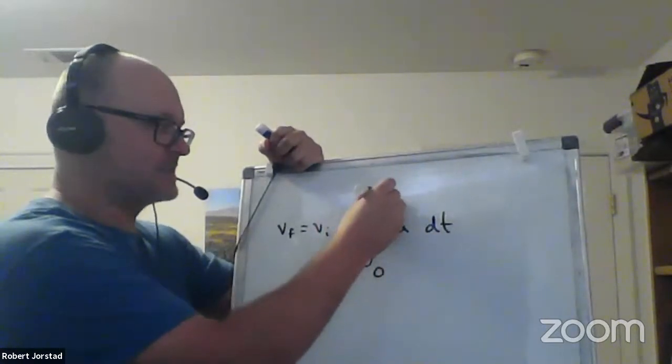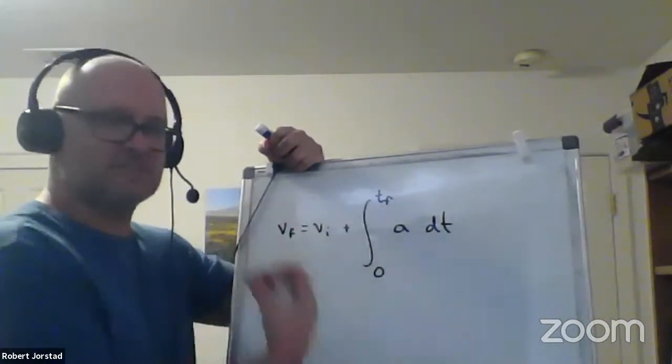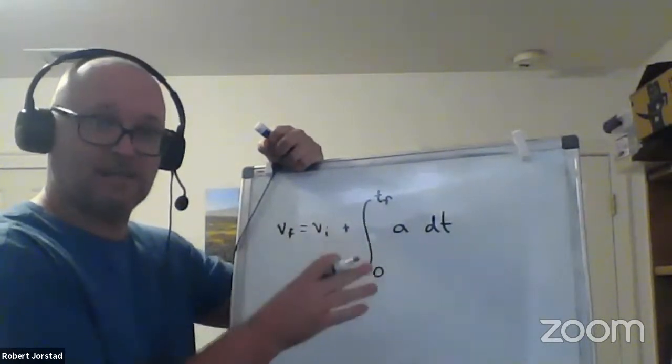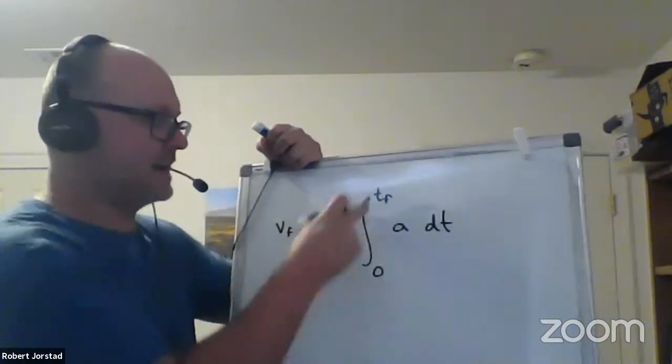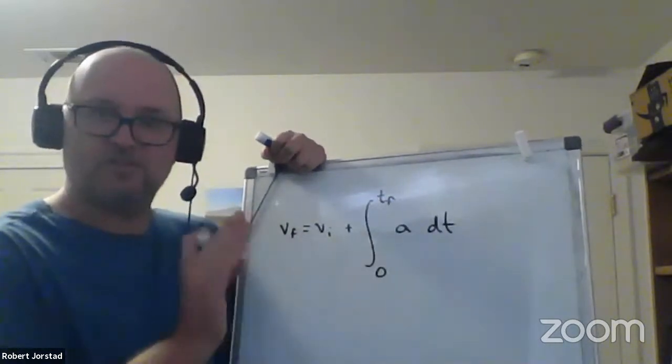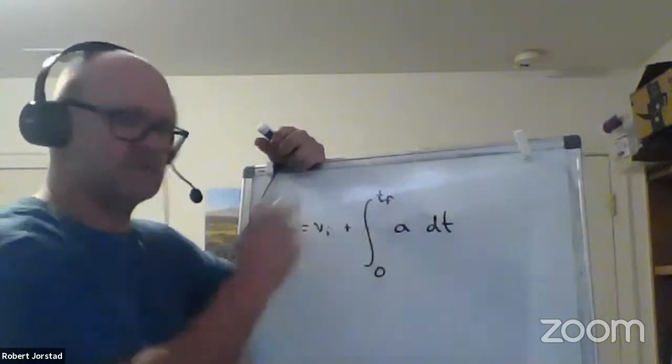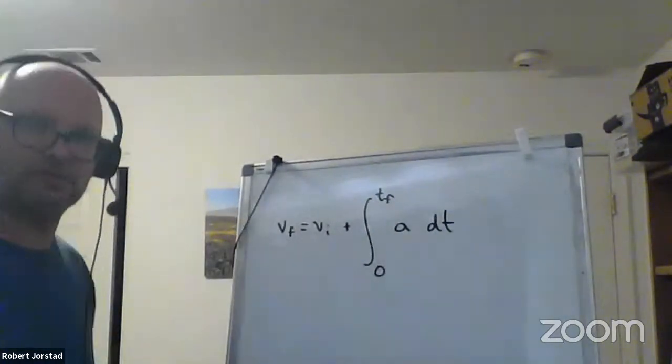So I say t final, and then as soon as I do the integral and plug in the limits, I change t final to the letter t. That way it's not confusing to a strict mathematical definition of the integral. Does that make sense why I'm doing that?